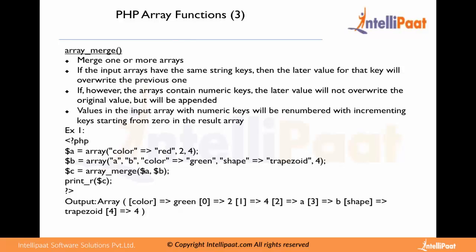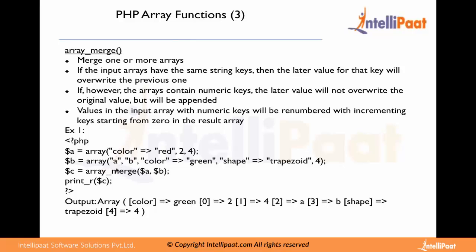So it is overwriting with the second one. Here I have the colors key, and here also I have the color key, so it will overwrite and give me the second value with that key. So here I am getting color with the value green. The second value I am getting is 2, the third value is 4, and the fourth element is B, A, and then B, and then 4.